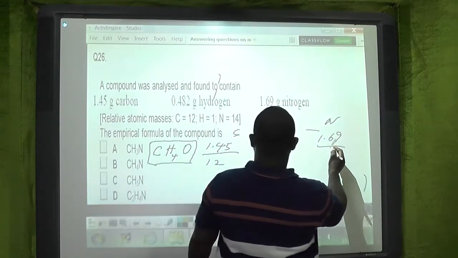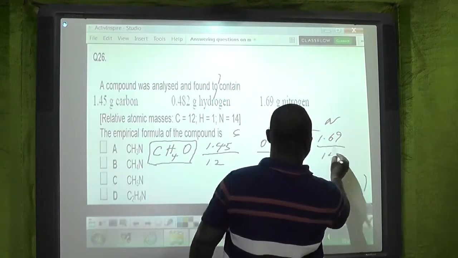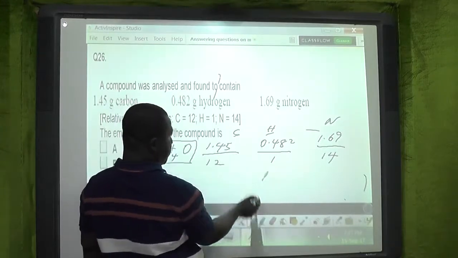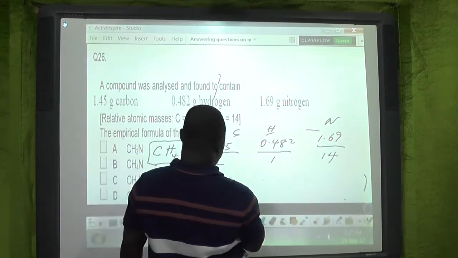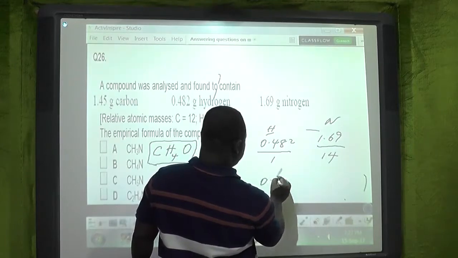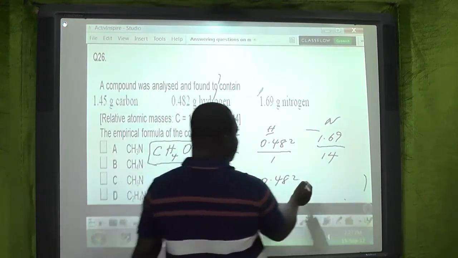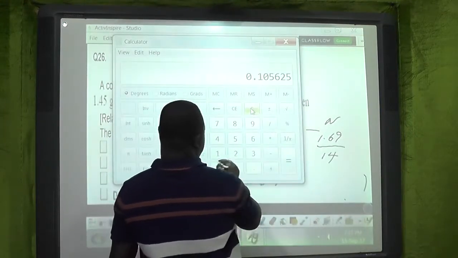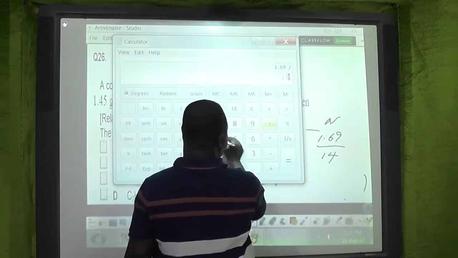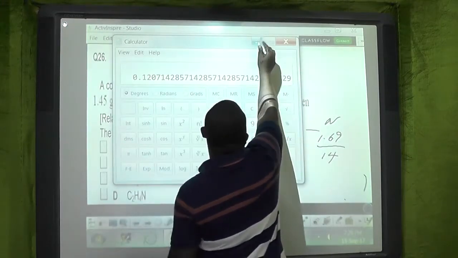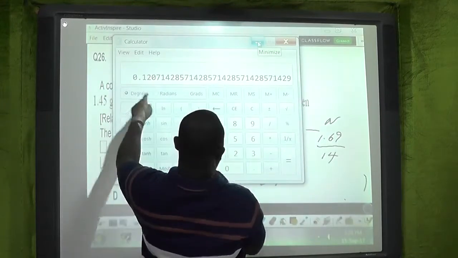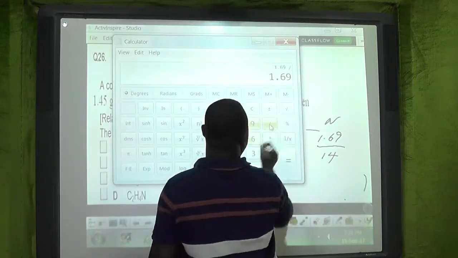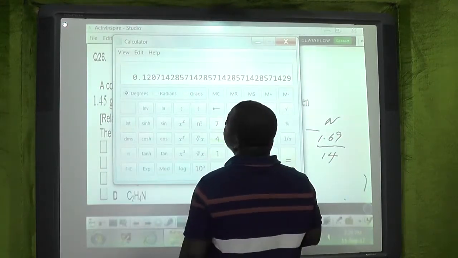This one is divided by nitrogen, which is 14. We're even given it there. So we go all over again. We got 1.2 here, we got 0.482 here. Big mistake. And this, 1.69 divided by 14, gives me 0.12 also.